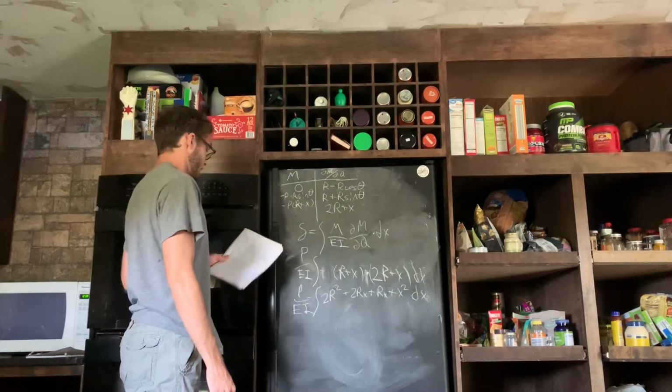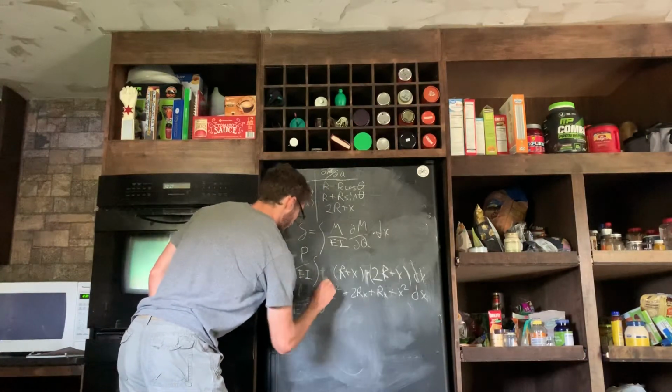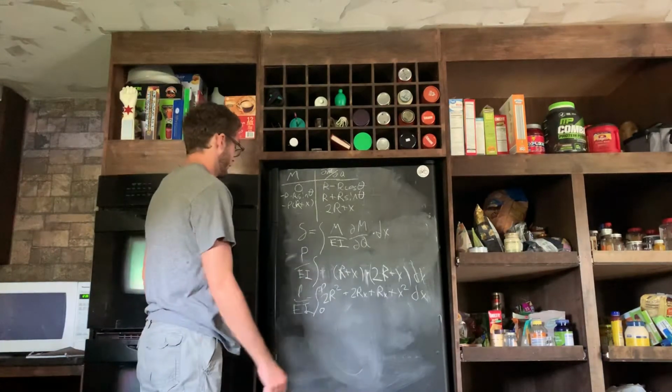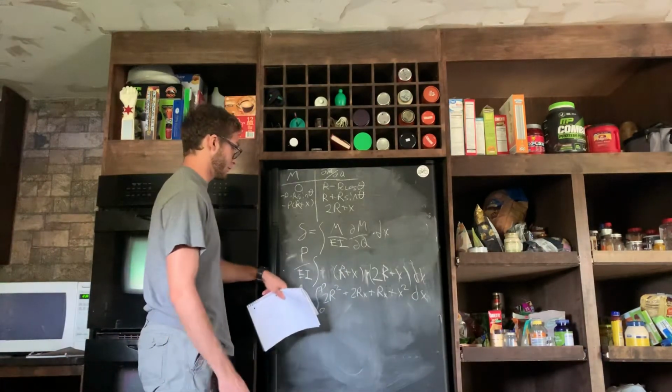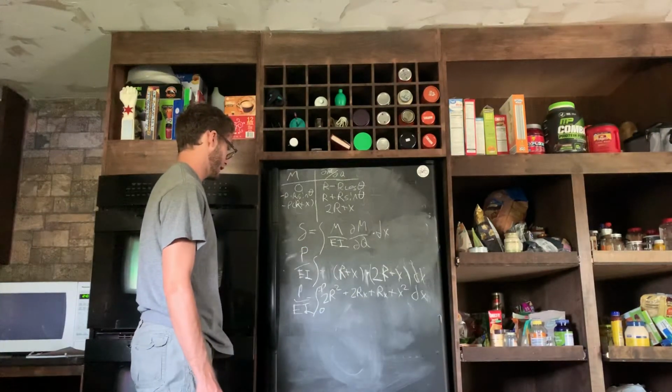Since we know the x has to be less than L and greater than 0, we can put in our bounds right there. And now we just do our simple integration with each of the x's.